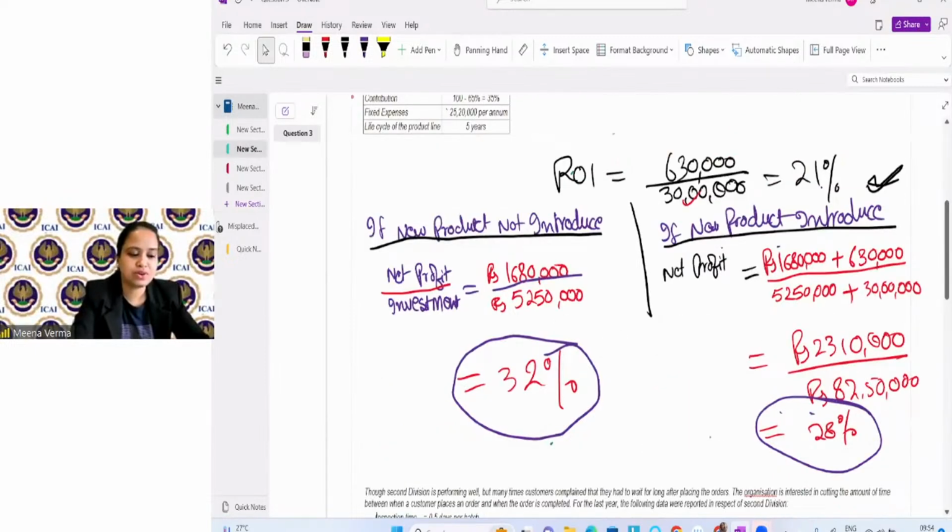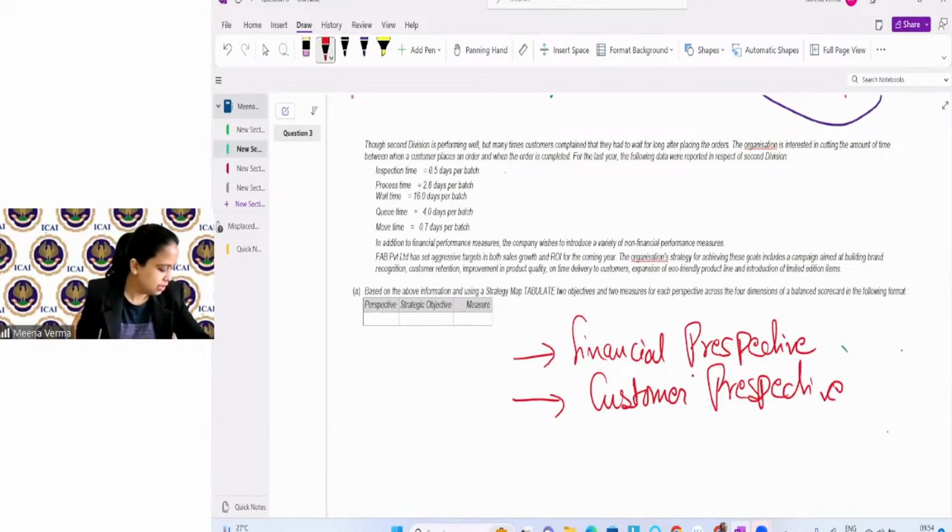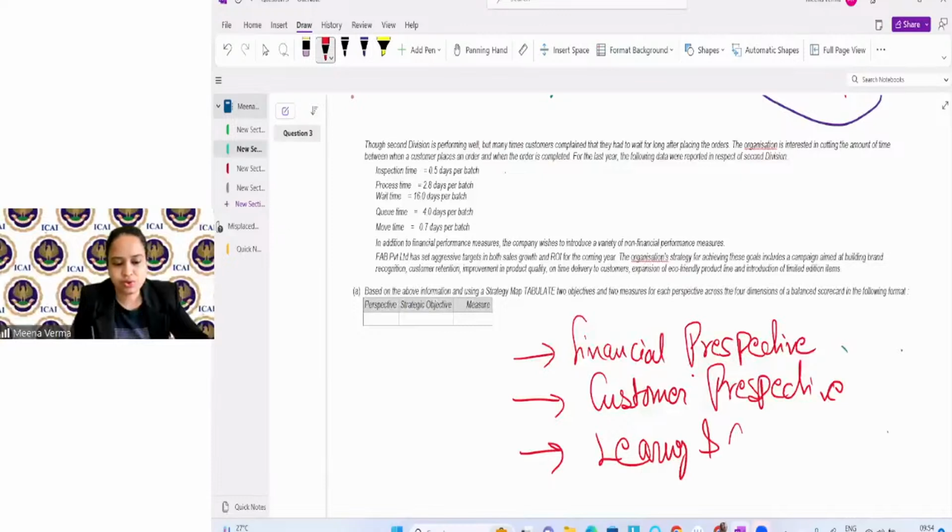Then we will see the customer perspective. Then we will see learning and growth. In learning and growth, we consider the employee performance also, right?